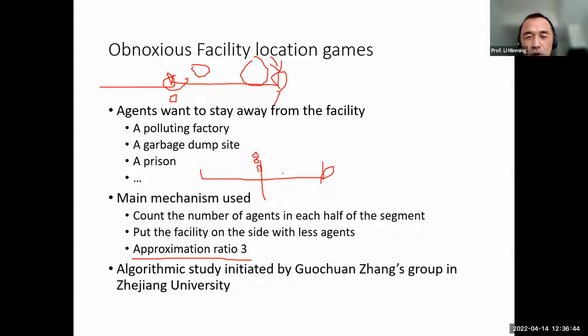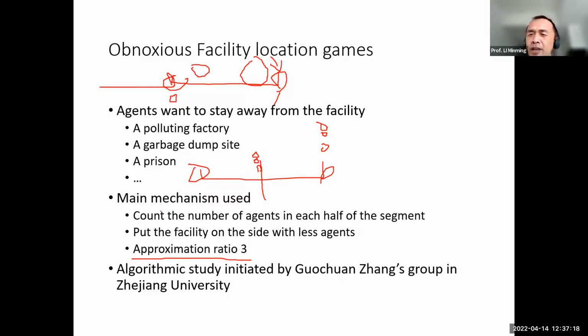You may imagine that those who like the left point are at the extreme, right? For them, it matters a lot. If you place it on the left, the cost is huge. Everyone has cost 1. If you place it on the right, everyone has cost 0. So for them, it's a big difference. Remember, you are doing voting, so you do not take this distance difference into consideration. And therefore, this is not the optimal solution, right?